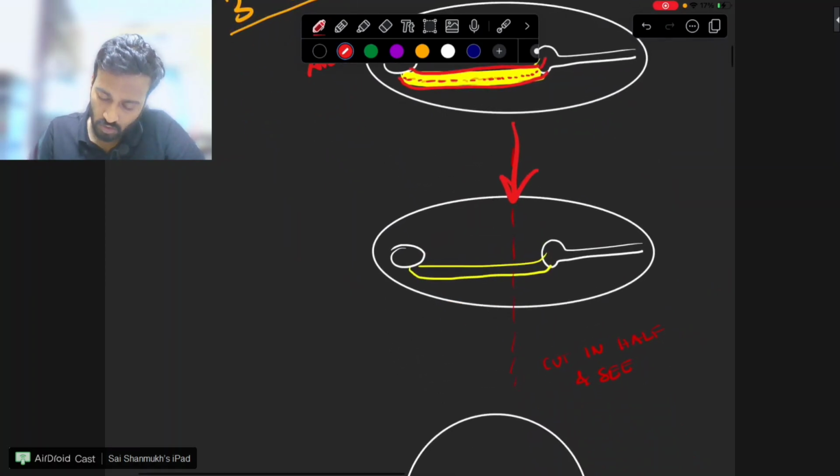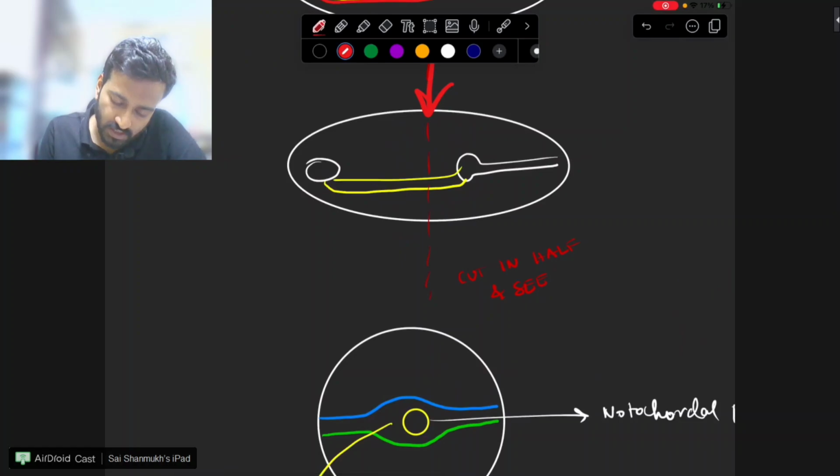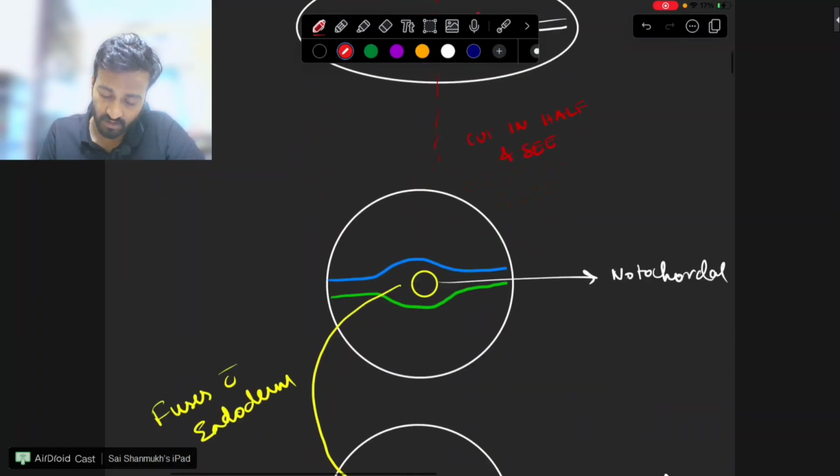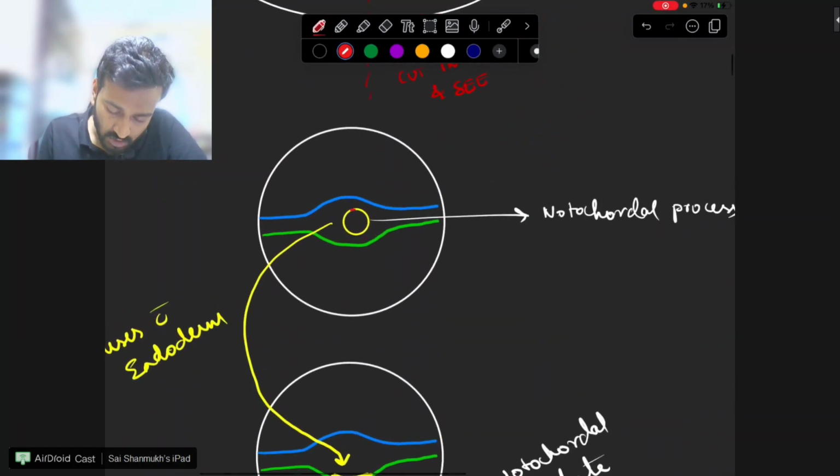It becomes hollow to form a notochordal process, which is filled by the ectodermal cells in due course of time in the later stage of embryonic life, and this will form a tube-like structure.